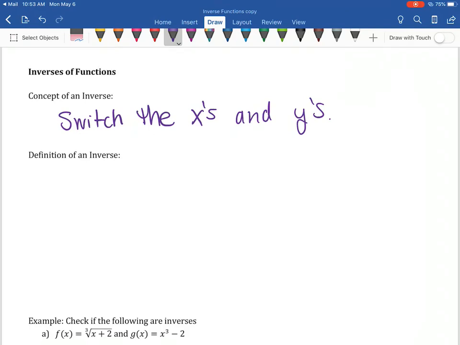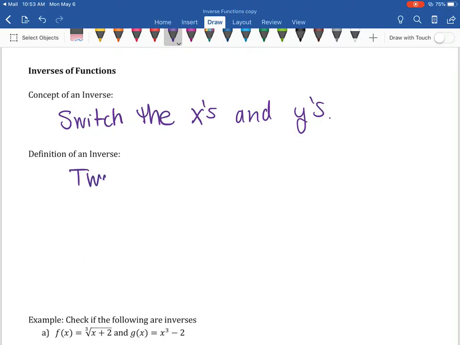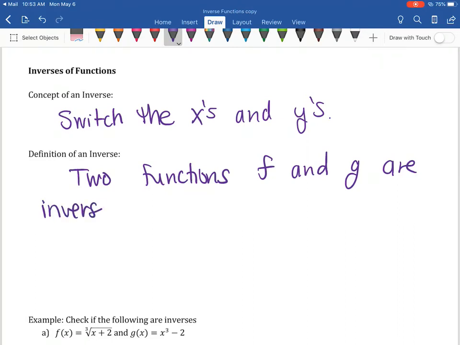So the official definition of an inverse is two functions, we'll call them f and g, are inverses if and only if. In mathematics, we write if and only if shorthand with two f's in the word if.